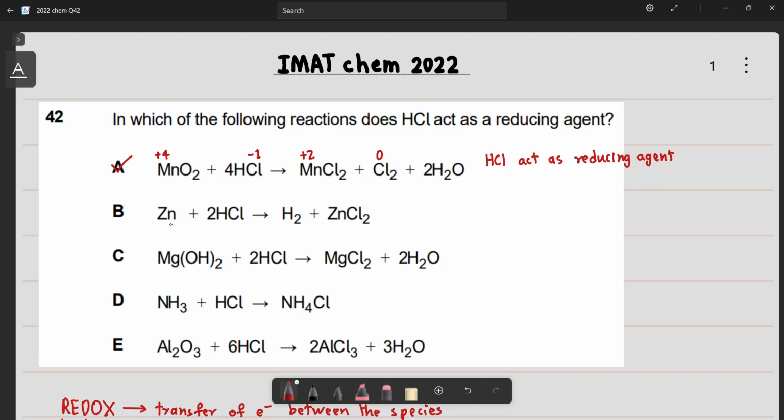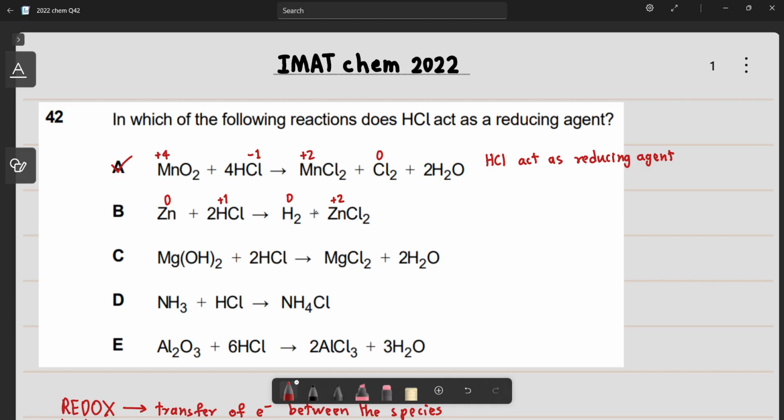First, I already know zinc is a neutral element, so it's 0. The same thing over here, I'm going to add +1 and 0, and over here it's going to be +2.